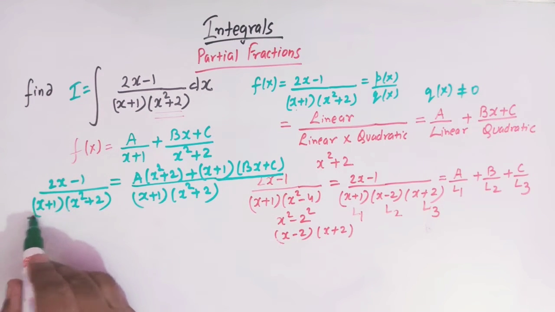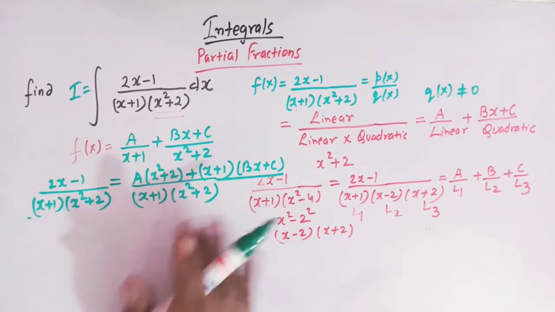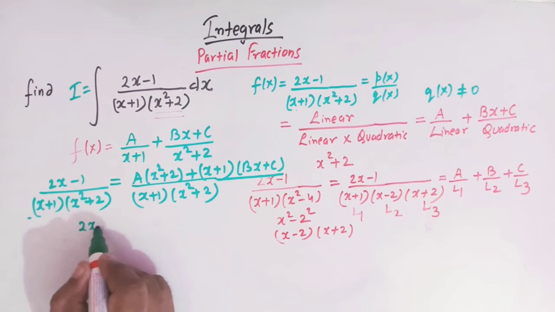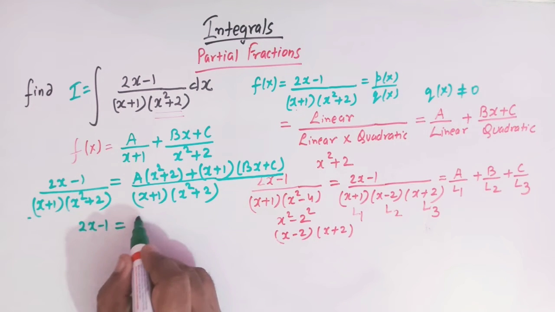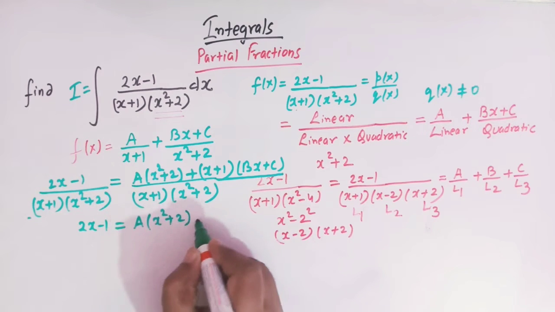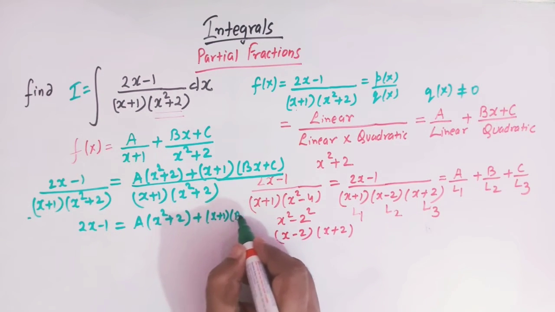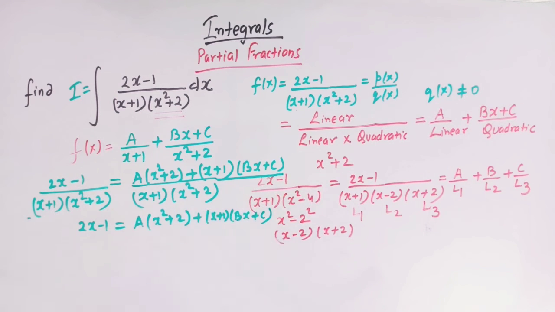So now these two terms get cancelled, or we can compare both the sides. So we have 2x minus 1 is equal to a times x square plus 2 plus x plus 1, and here we have bx plus c, right?